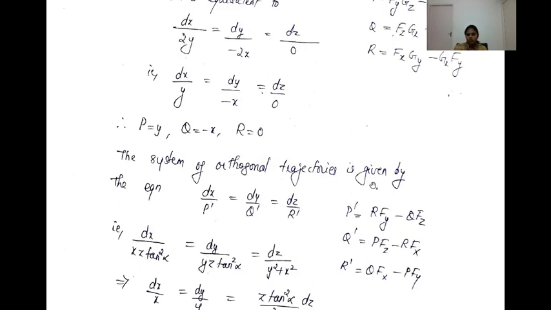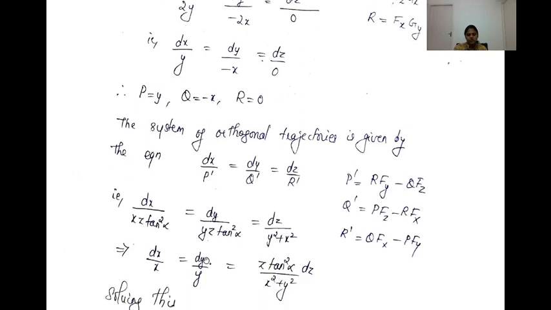So by solving this, I have got here dx by x z tan square alpha, dy by y z tan square alpha, and dz by y square plus x square. So let me take tan square alpha to the third term, so z into tan square alpha to the third term. So I can rewrite the equation in this form.